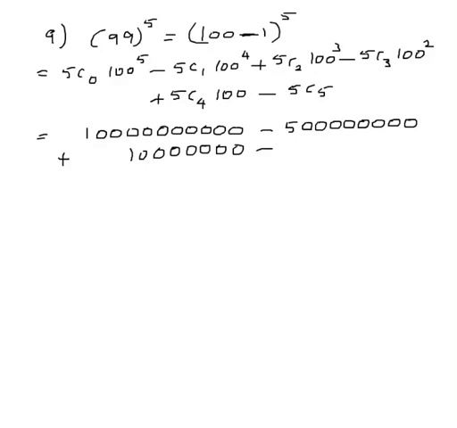And then 5c3. 5c3 is also 10 and 100 square. Plus 5C4 is 5 into 100, which is 500, minus 5C5 is 1.